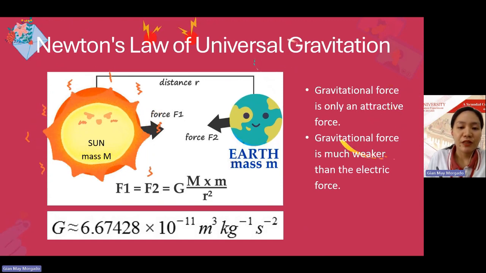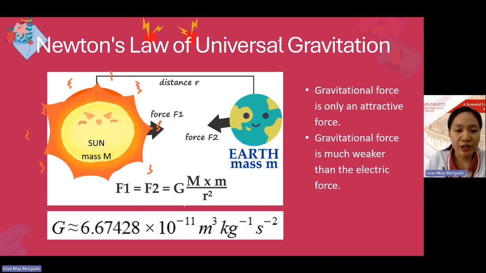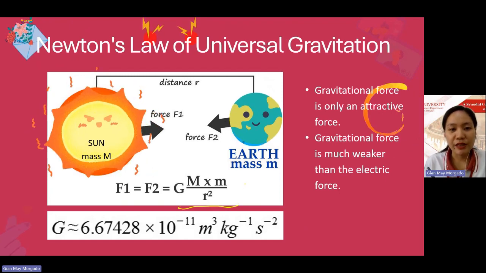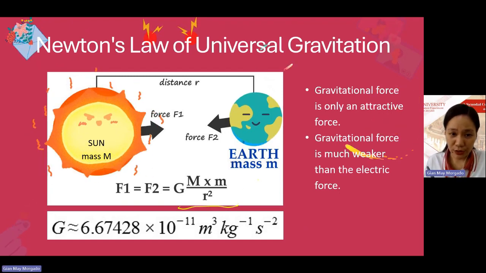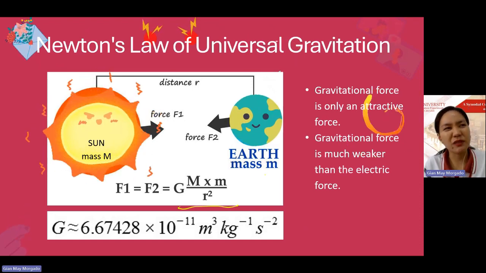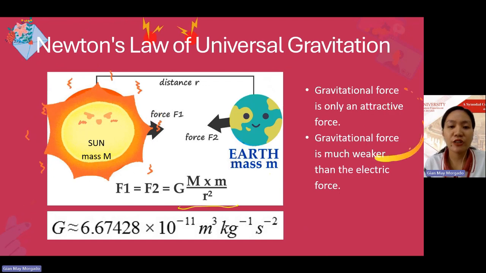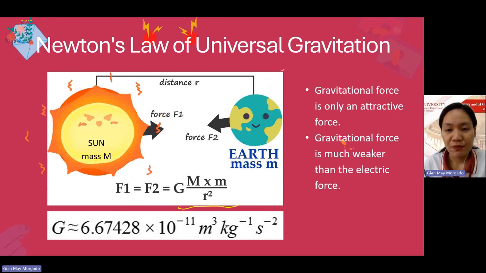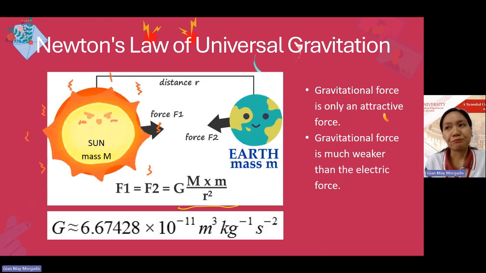If you look at the way the equation is stated, this is very similar to Coulomb's law, because this law is like a restatement of Coulomb's law, or vice versa. But instead of having charges Q1 and Q2, you have masses.